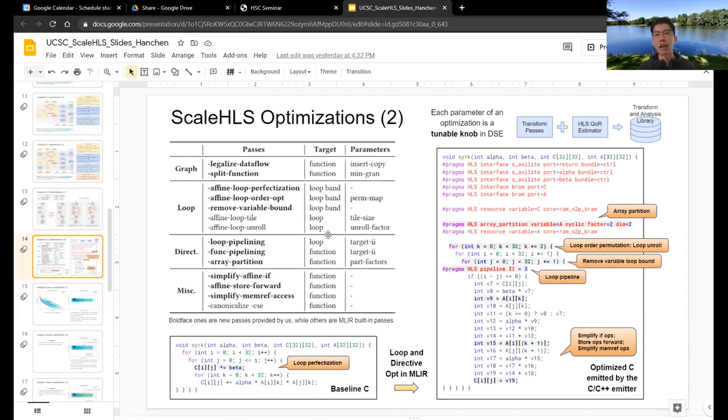So I would say this is a common problem of MLIR: whether you need to define a new dialect and what you want to do with the new dialect. But MLIR just provides you the flexibility to connect all of these different dialects under the umbrella of the MLIR framework.